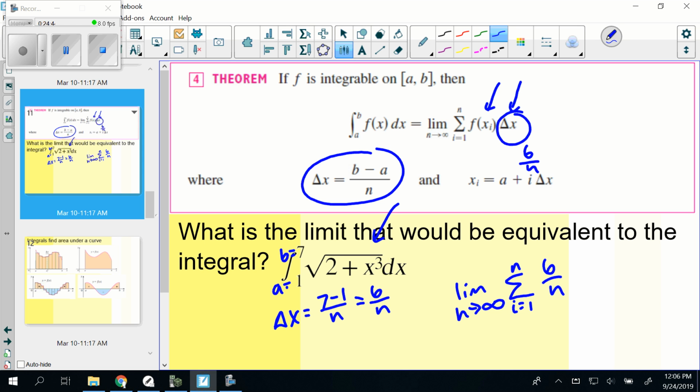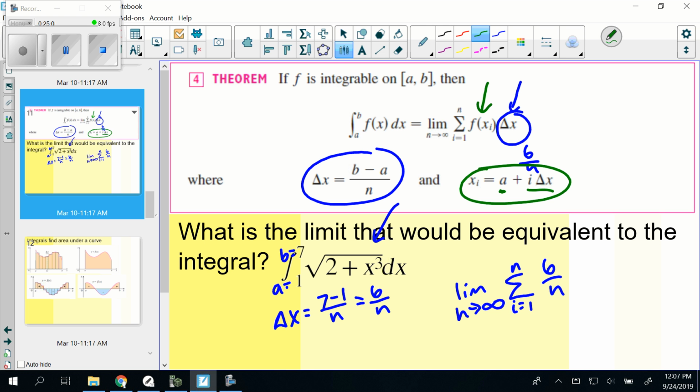The other thing we've got to find out is what would be all those heights? Okay, what are those heights going to be? So that would be our function at x of i. x of i is our first point plus all these i's times the change in x.